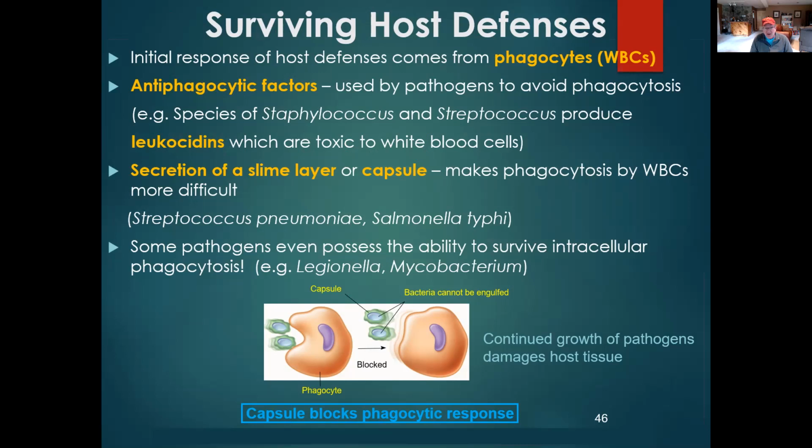And what is even more interesting to me, I think, is the fact that even if you are phagocytized, if you're Mycobacterium or Legionella, you can actually survive having been phagocytized. They don't die as a result of being phagocytized. They stay alive in the white cell.